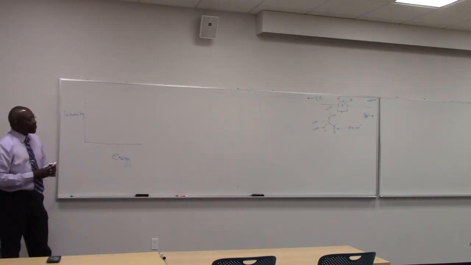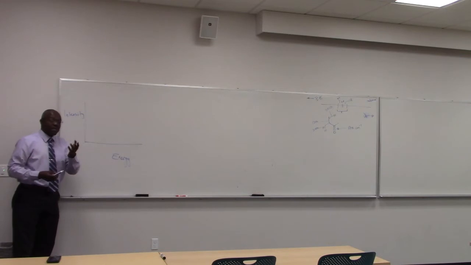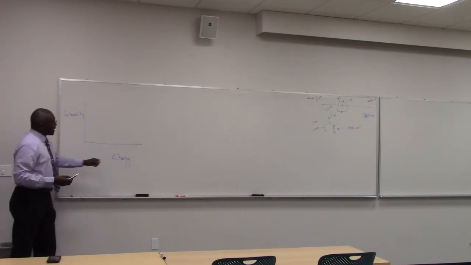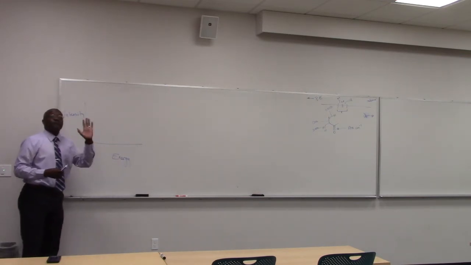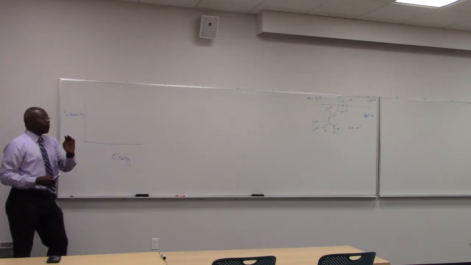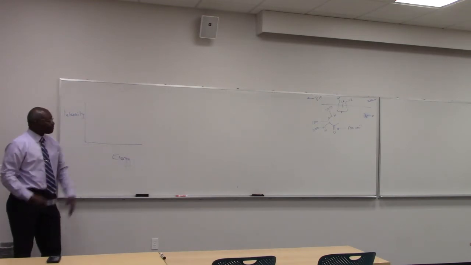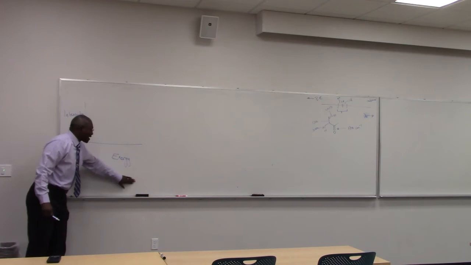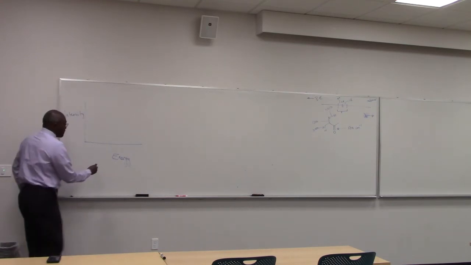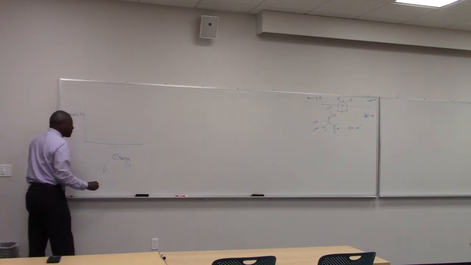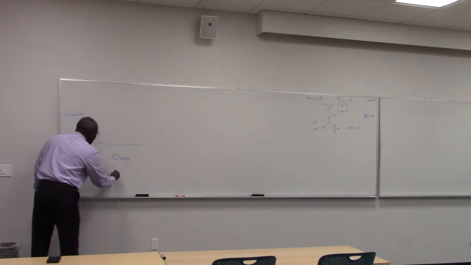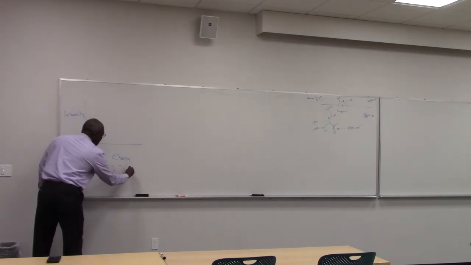How well they absorb. Some groups are better than others. And an energy term, in other words, at what frequency, at what wavelength do we absorb? So on the horizontal axis, your energy terms can vary. They can be frequency, they can be wavelength, or they can be wave number.